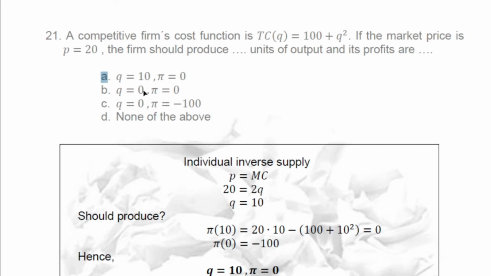Well, if the question doesn't tell me clearly that these fixed costs or part of these fixed costs are non-sunk, I should consider them as sunk, okay?